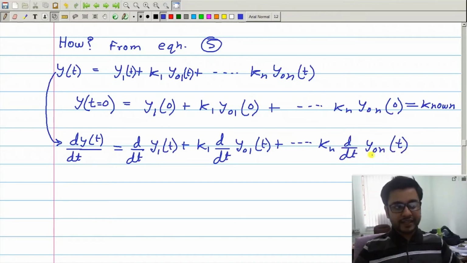This is what I get by differentiating this equation.